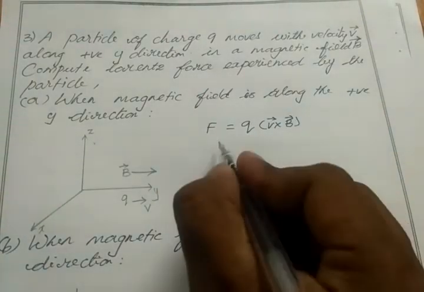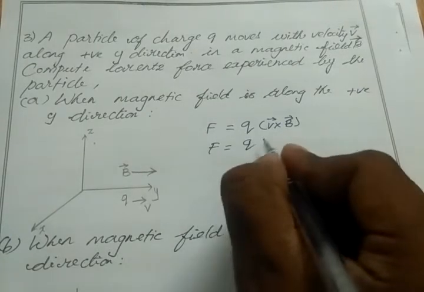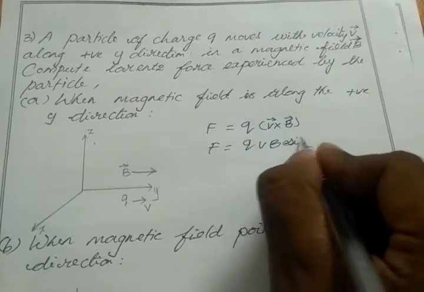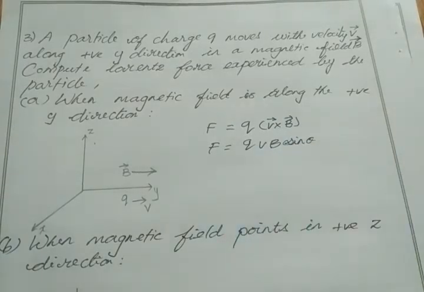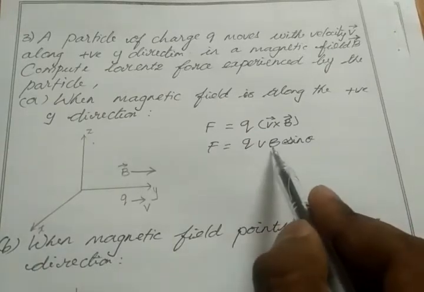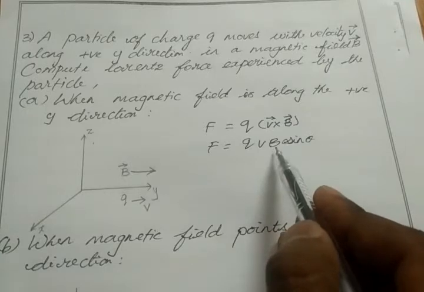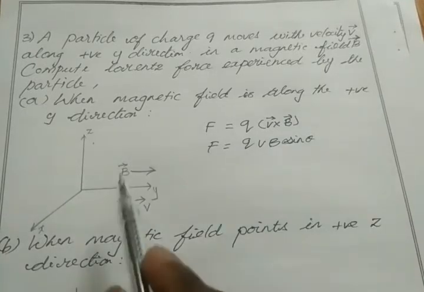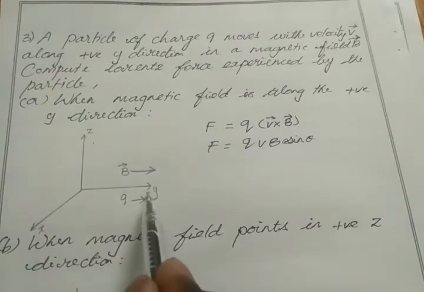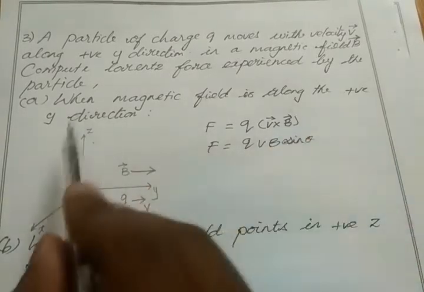Okay, so F equal to Q V B sin theta, where theta is the angle between V and B, that means motion of charge and magnetic field. So if you see here, it is already given that my charge Q is moving along positive y direction and my magnetic field is also along the positive y direction.